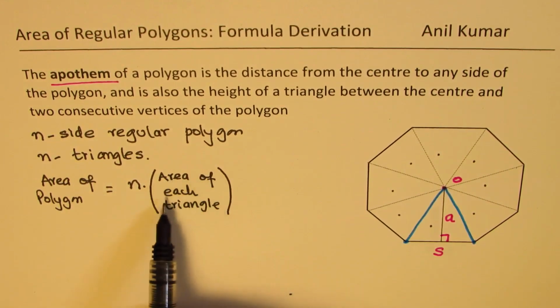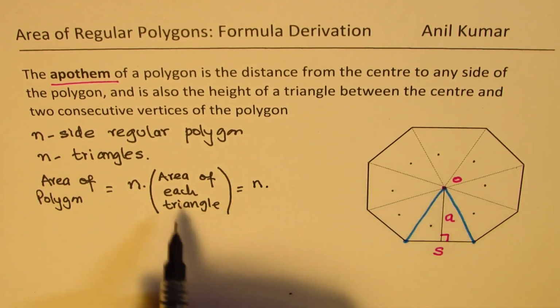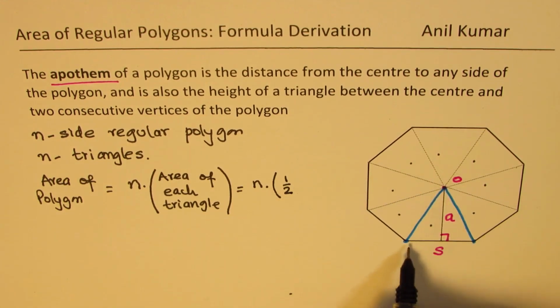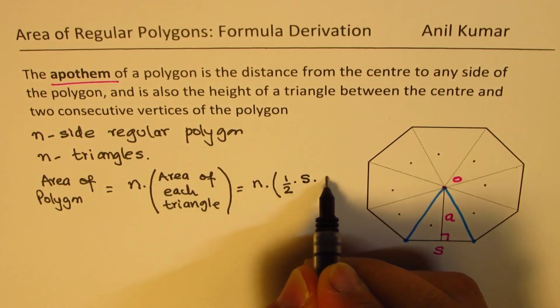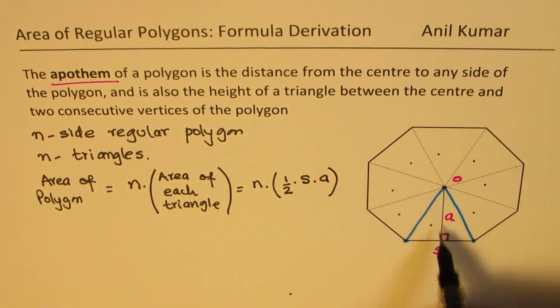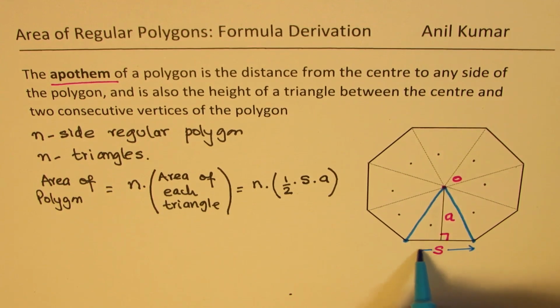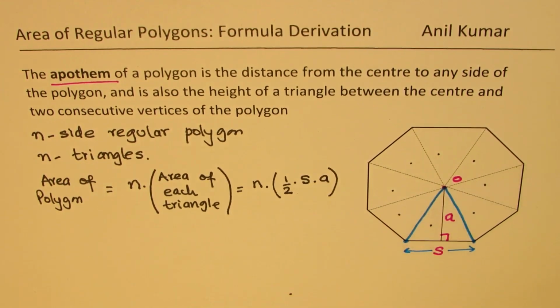Now, area of a triangle is half of base, in this case, if S is the side length, times height A, right? So that becomes the area of the triangle, where S is the side length and A is the height of a triangle, as you've seen here. Perfect.